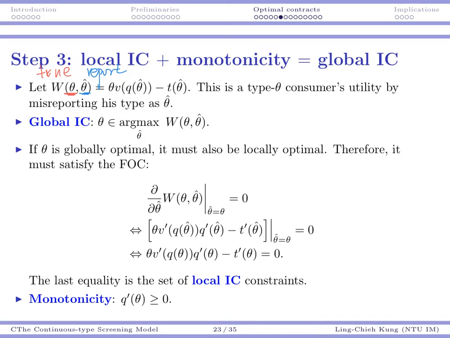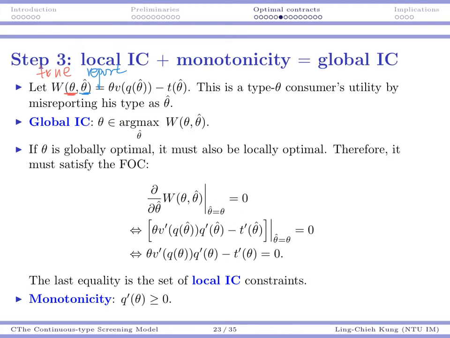I am type theta consumer. I try to optimize my objective value according to theta hat. So that means theta hat is my variable. Theta is a parameter. So I want to maximize this function. If some value is optimal, that means the first order derivative must be 0 when I choose that value as my variable's value. So that's the first order condition.